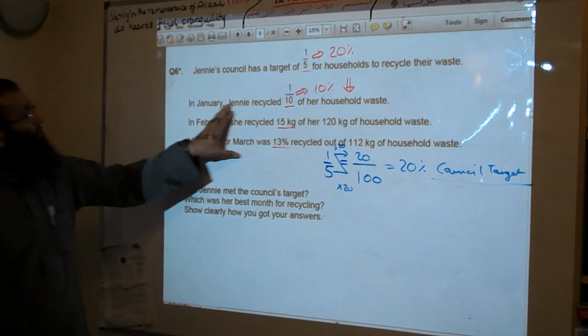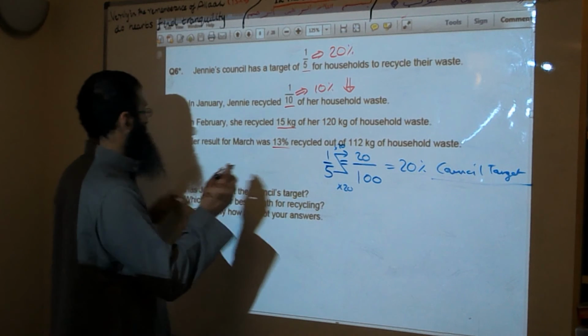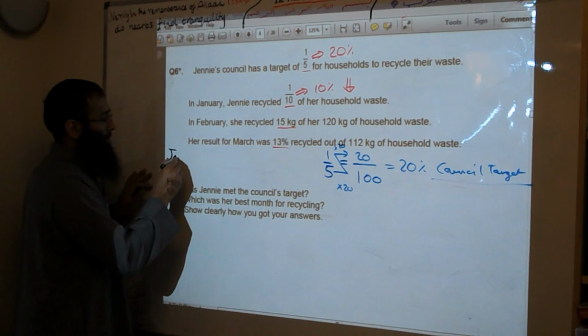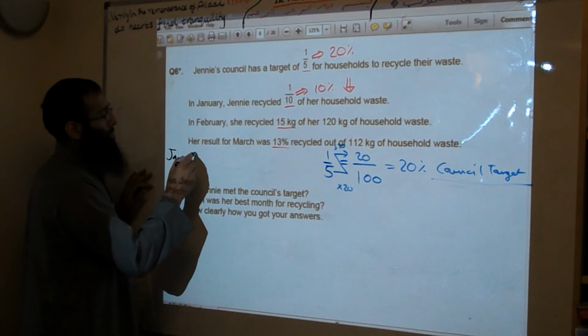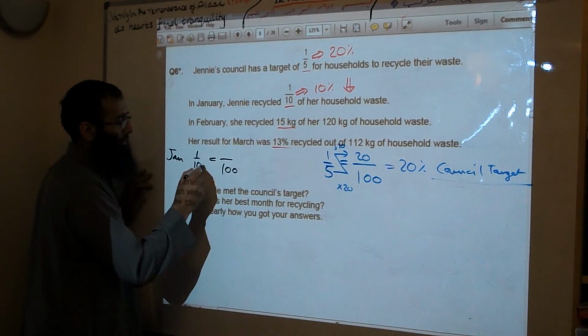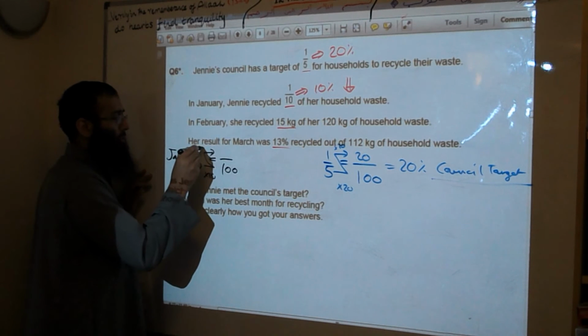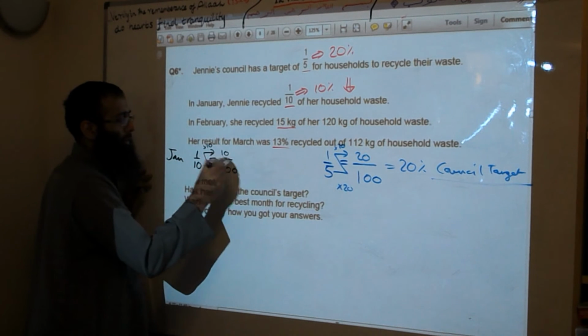The next value, in January. Let's change color now. In January, she recycled 1/10. If you convert it into a percentage, multiply the bottom by 10 to give you 100. What you do to the bottom, you do to the top.